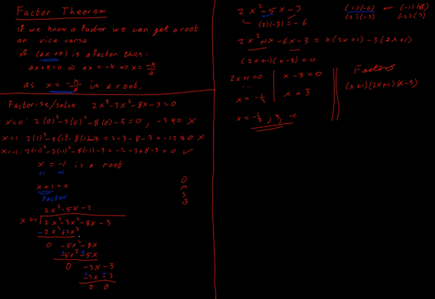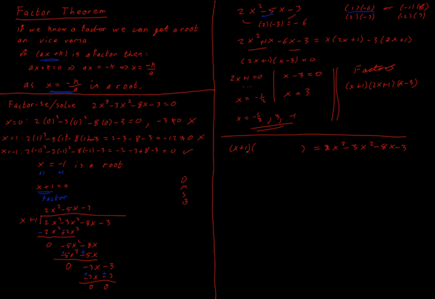Now, final aside, we didn't have to use long division here. We could have also used our factorizing method. So when we got to this point here where we got a factor, we could have said x plus 1, give myself some space, x plus 1 multiplied by something must give me 2x cubed minus 3x squared minus 8x minus 3.